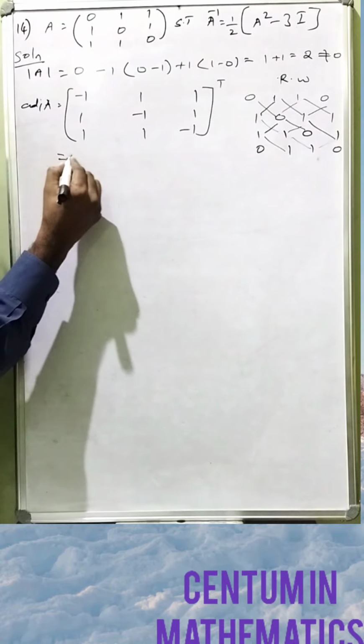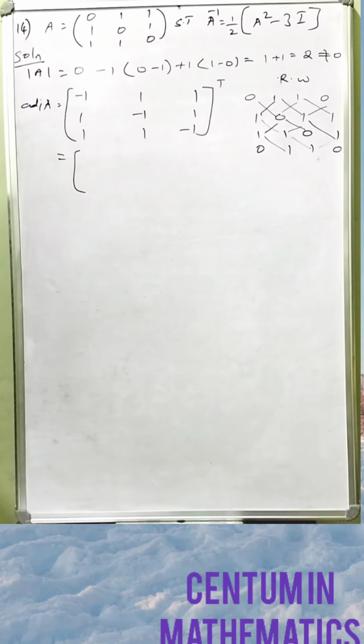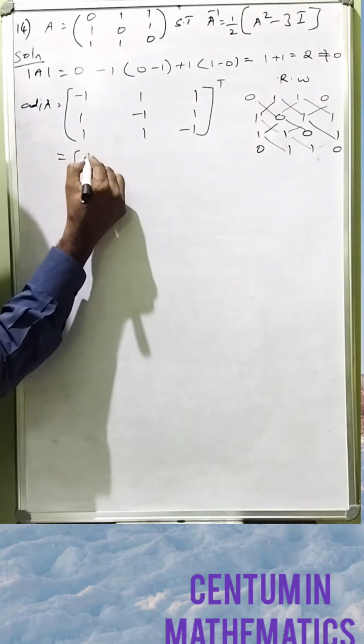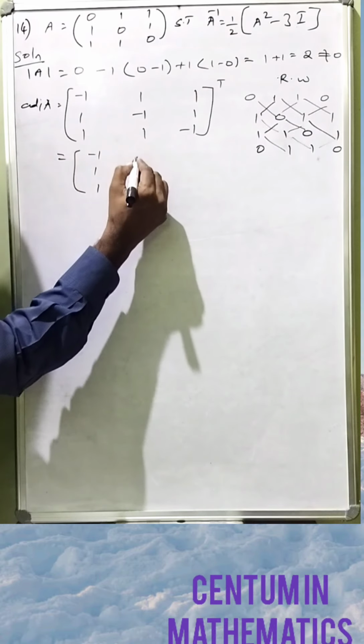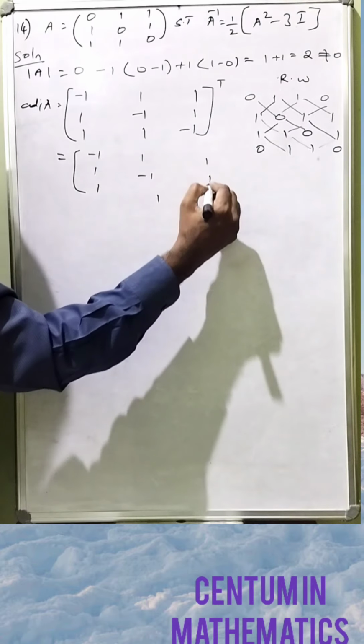So we have to find the transpose. Transpose: first row becomes first column. So we get here minus 1, 1, 1, then here 1, minus 1, 1, here 1, 1, minus 1.